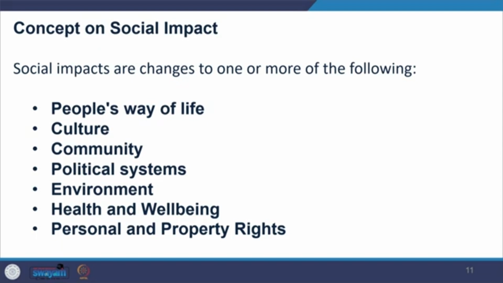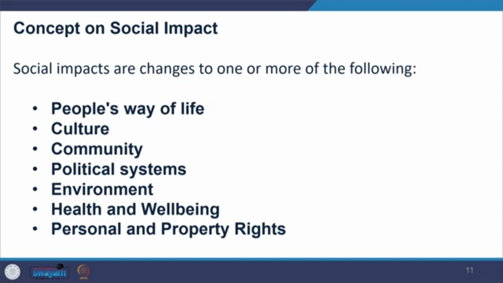We also look at their political system, like the extent to which people are able to participate in decision making that affects their lives, and then the level of democratization that is taking place, and then the resources provided for this purpose. So how much they are able to engage, how much they are able to participate, and how they can be involved in decision making.